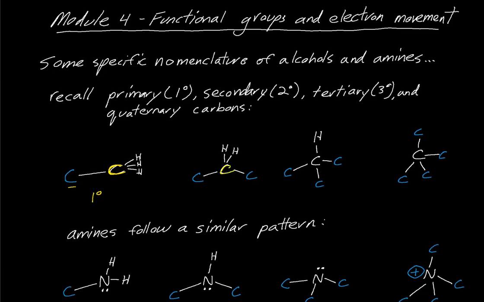This carbon is a secondary carbon attached to two other carbons. This is a tertiary carbon attached to 1, 2, 3 other carbons. And then quaternary carbons are attached to 1, 2, 3, 4 other carbons.